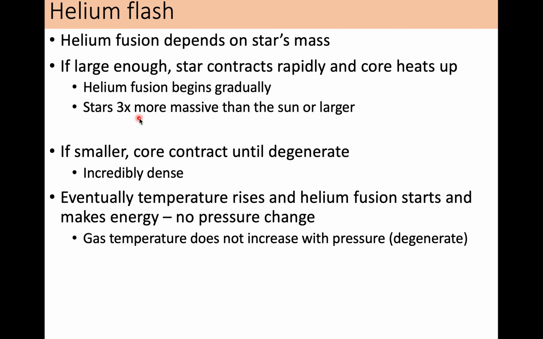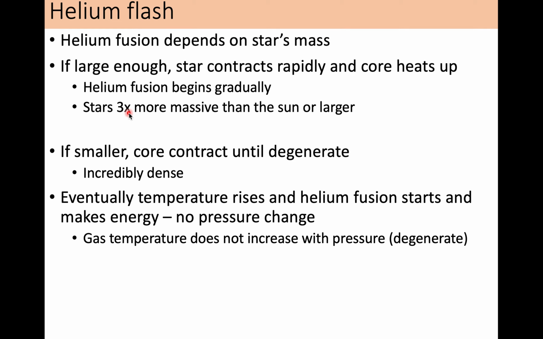If the star is not large enough, so think of a star about 3 times the size of our sun or smaller, the core will contract until it is fully made of that degenerate material. That degenerate material is incredibly dense, it's resistant to further compression, but eventually the temperature is going to rise so much that the helium fusion will start anyway, creating energy with no change in pressure.